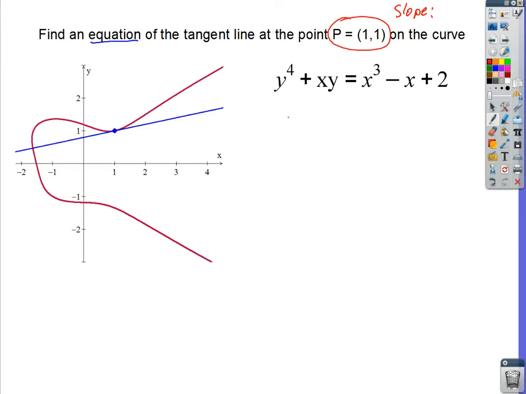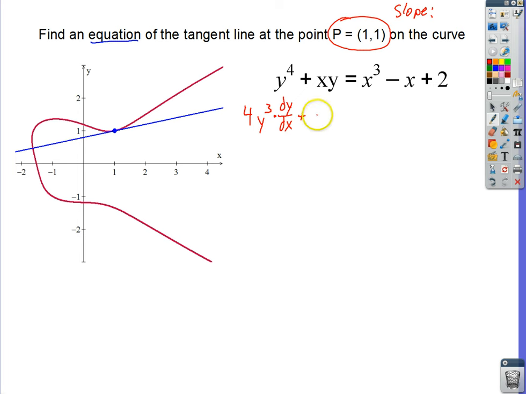Okay, so if I find dy dx, we can go ahead and do that. So again, I start doing this little baby step here. Okay, first part is I take the derivative of y to the 4th. So it's 4y cubed times derivative of chocolate, derivative of y, dy dx, plus, this is kind of like a product rule now. I now have x and y multiplied together, so you got to treat it like a product rule.